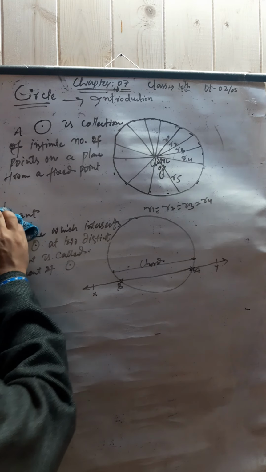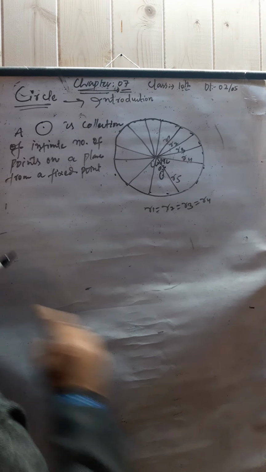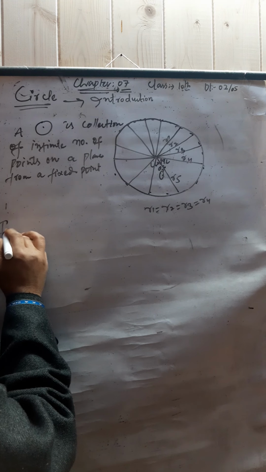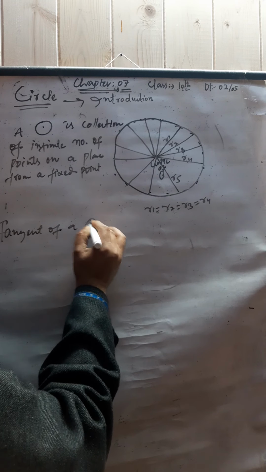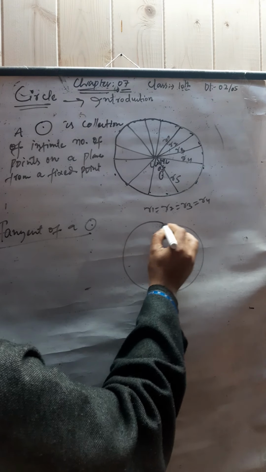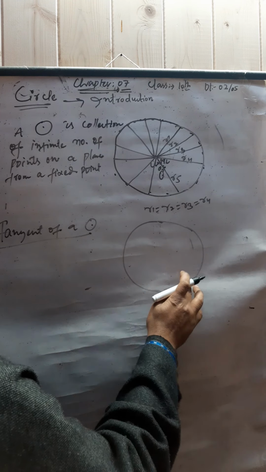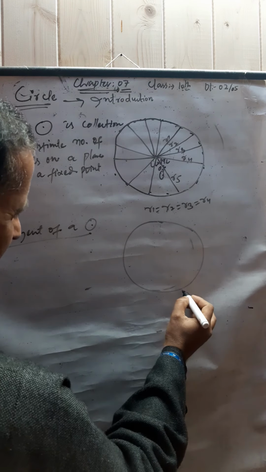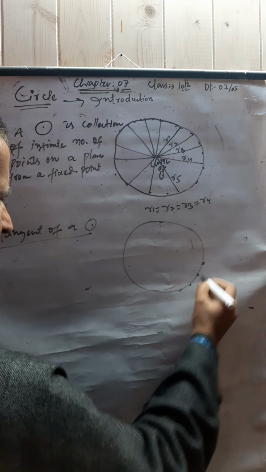Thereafter we have the third term, that is known as the tangent of a circle. So once again we will make a figure like this. This is the circle, and in the circle we have an infinite number of points.